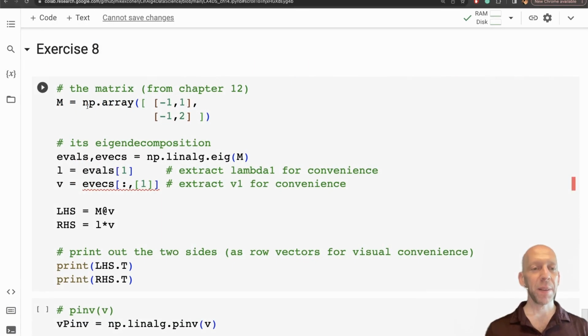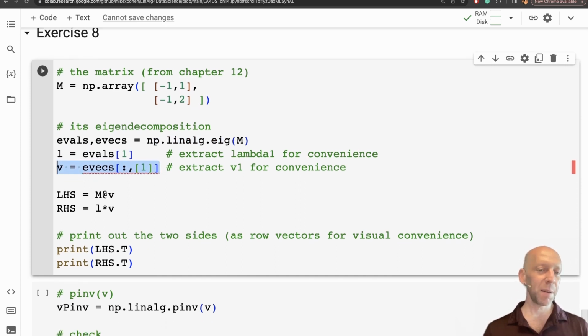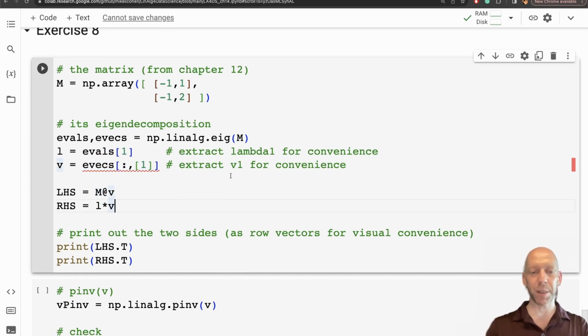So here we have the matrix. It is a 2 by 2 integers rank 2 matrix, so we know it's going to be invertible. And here I take its eigendecomposition. This is just to get the eigenvalue. We're particularly focused on one eigenvalue and one eigenvector. And then I'm multiplying. So this is the left-hand side of the equation. This is the right-hand side of the equation.